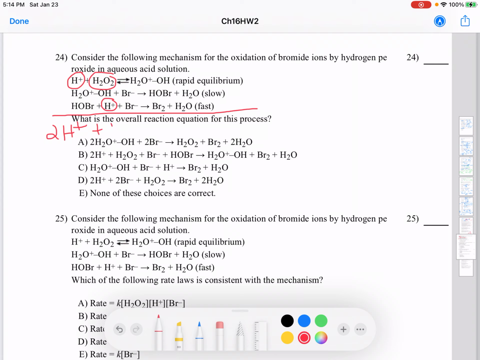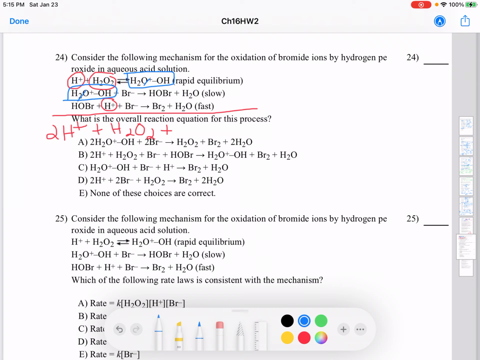There is no more H2O2, so you add one H2O2 from the reactant side. And then we have H2O plus OH minus, and on the right side also we have H2O plus OH minus, so that can get cancelled.